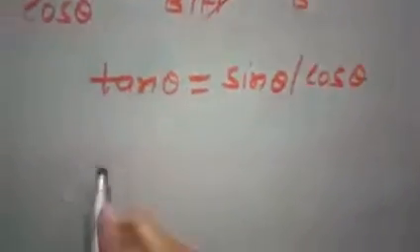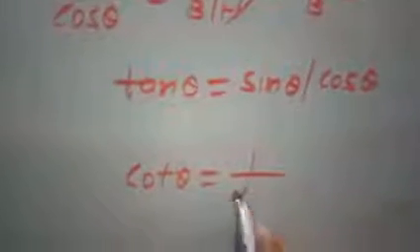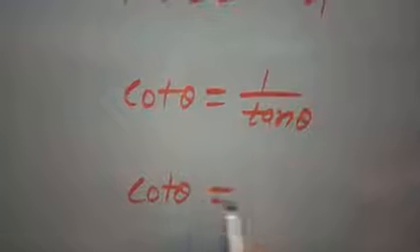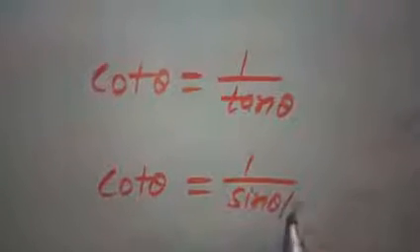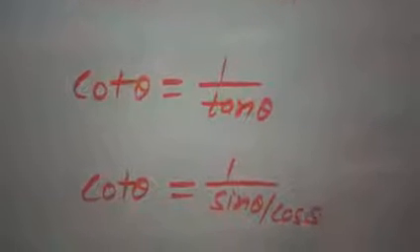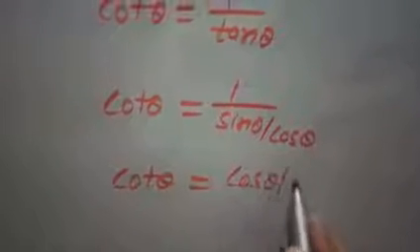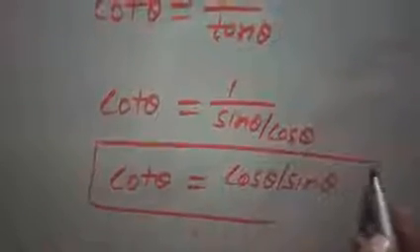As I have told you, cot theta is the reciprocal of tan theta, so cot theta is equal to 1 upon sin theta upon cos theta. So cot theta is equal to cos theta upon sin theta. So this is one formula and this one is.